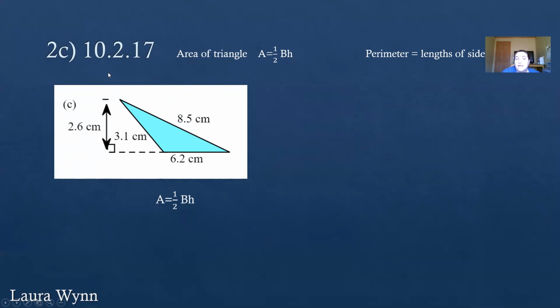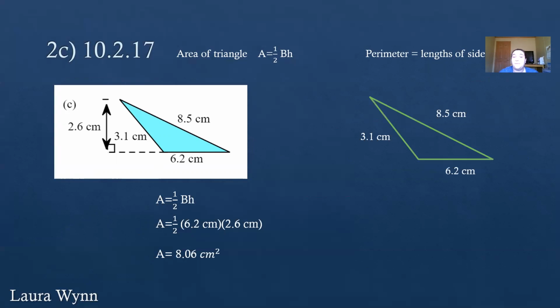It's just the length of this side right here. So our height is actually 2.6. So you multiply 6.2 and 2.6 together by half, and it gives you 8.06 centimeters squared. Now the perimeter, that's where the 3.1 comes in, because that is actually the length of one of the sides. So you add up all the sides, and it gives you 17.8 centimeters.